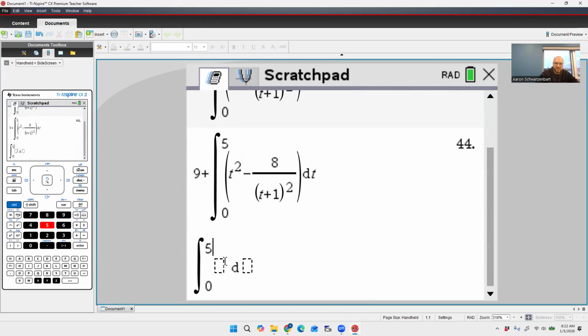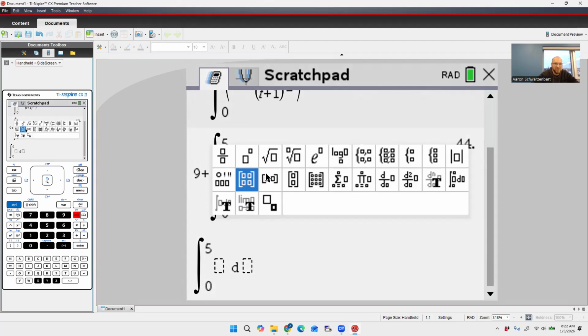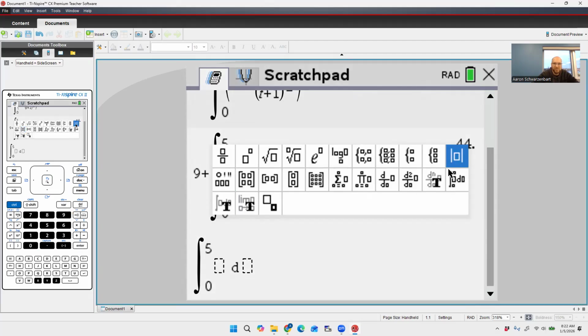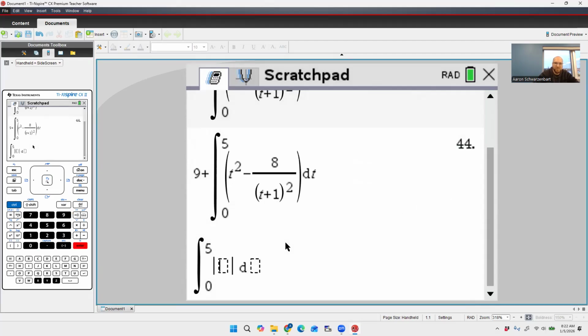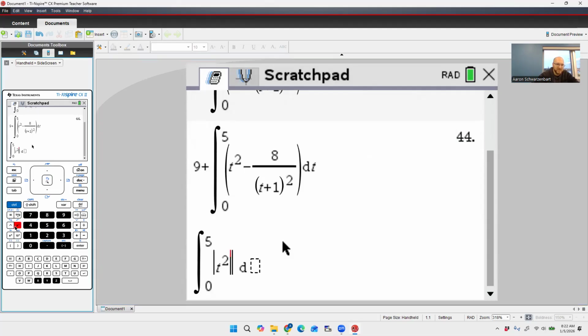All I have to do to get total distance is take the absolute value. I wasn't quite sure how to copy and paste this, so I'm just retyping it.